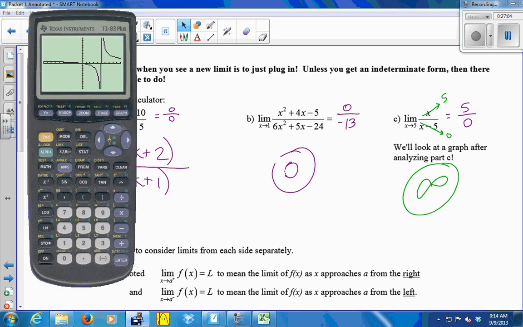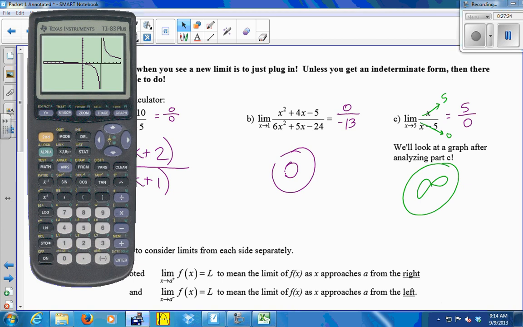And it actually looks like I forgot to consider something. When I approach 5 from the right, the graph of the function blows up, right? But when I approach from the left, when I approach x equals 5, the y values of my function go way down.